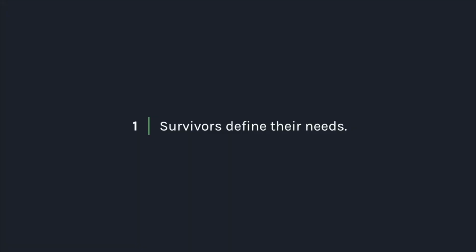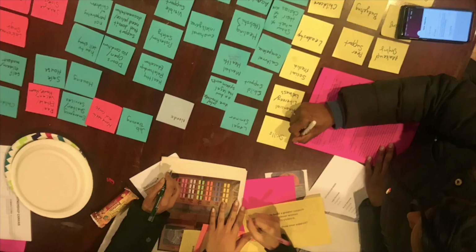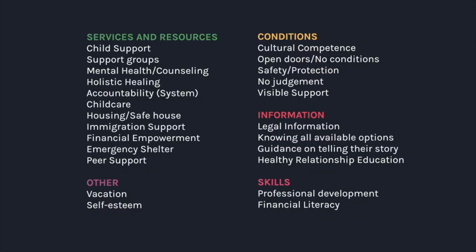And from all of the survivors, I heard that they wanted support in community and not systems. And so I spoke to survivors, and they generated a long list of unmet needs. For my presentation, I will be focusing on peer support, healthy relationship education, and safety.